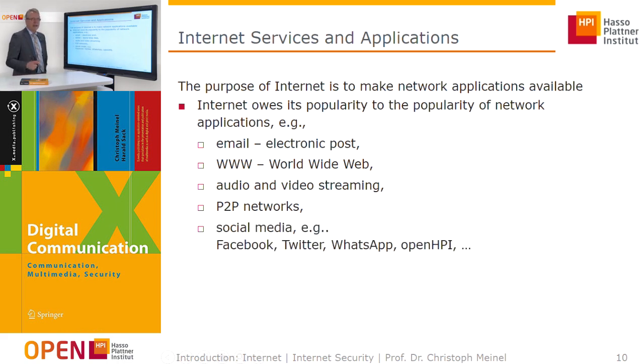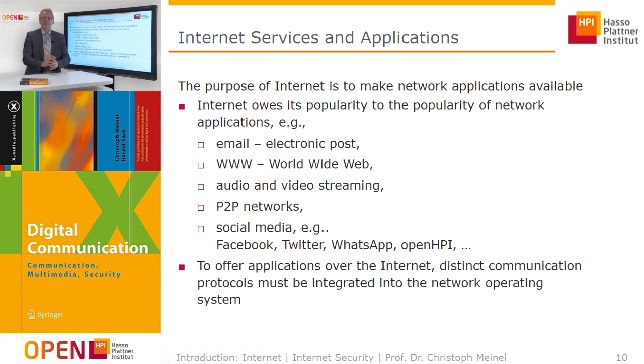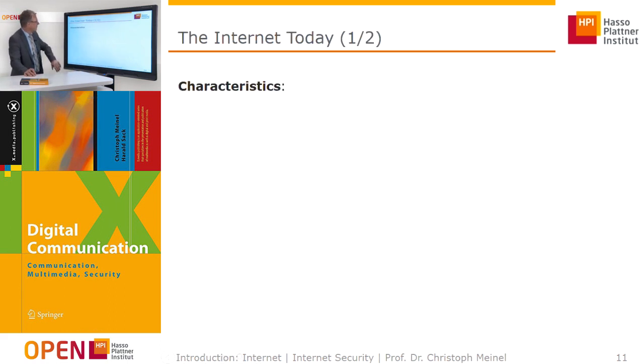So there is a huge variety of social media: Facebook, Twitter, WhatsApp, OpenHPI. There is a huge cosmos of internet services and applications that make the internet so popular. So to offer applications over the internet, distinct communication protocols must be integrated into the network operating system so that each of the services can use the internet as a transport medium.